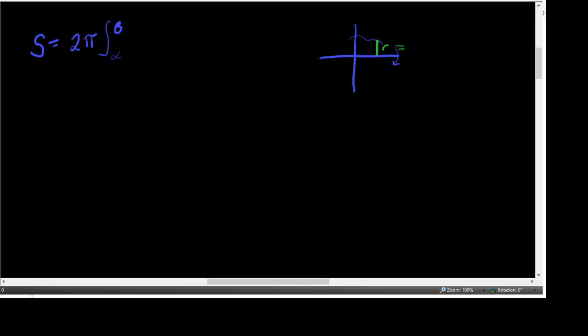So that is a measure of y, right? I'm sorry, r would have been from the pole to there, which is not what we're talking about. So I apologize for that mistake. It's not r. So ignore the r that I wrote there. The distance from the x-axis to the curve is y. And remember, y is r sine theta.